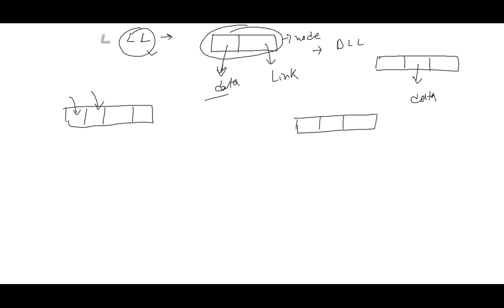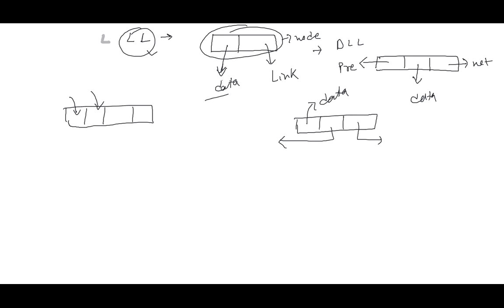It may be in any order, but one field is for the data of that particular object, and the other two are for linking with other nodes. It may be previous like this and next like this, but the good representation is to have data in the middle, previous on the left, and next for connecting to the next node.